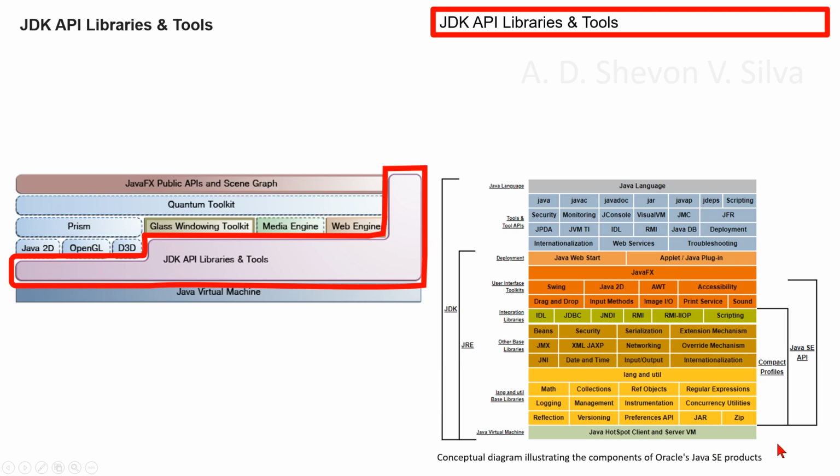The Java conceptual diagram categorizes Java component technologies in levels. The technologies that are part of a lower level serve as the foundation for those that are part of a higher level.